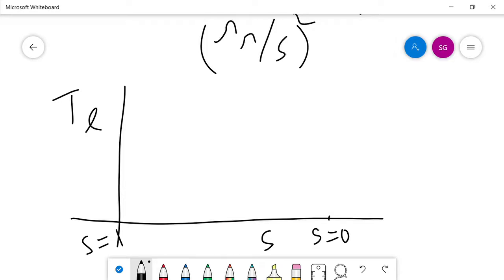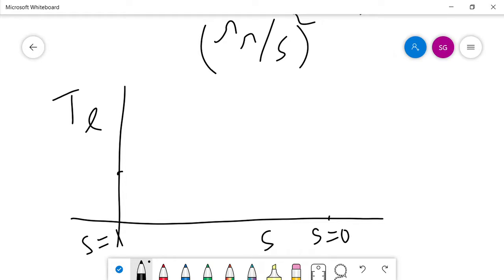Near slip equal to 1, the electromagnetic torque was inversely proportional to slip. So when slip decreases, the electromagnetic torque should increase. So there will be some starting torque.